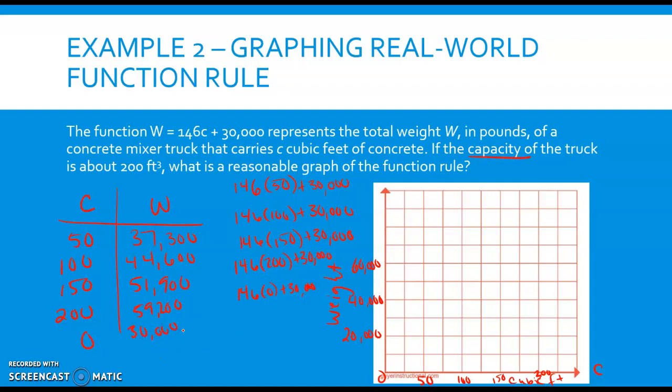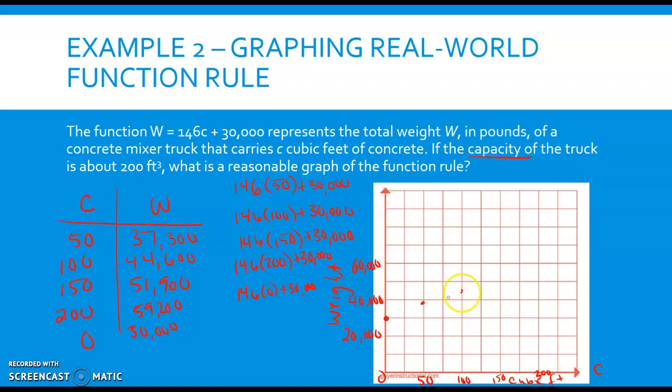So starting there and graphing, 0 and then 30,000. That's halfway between the 20 and 40. And then 50 is at 37, so we're close to that 40,000. And then 100, we're at 44,600, which is approximately halfway between the 40 and the 50.